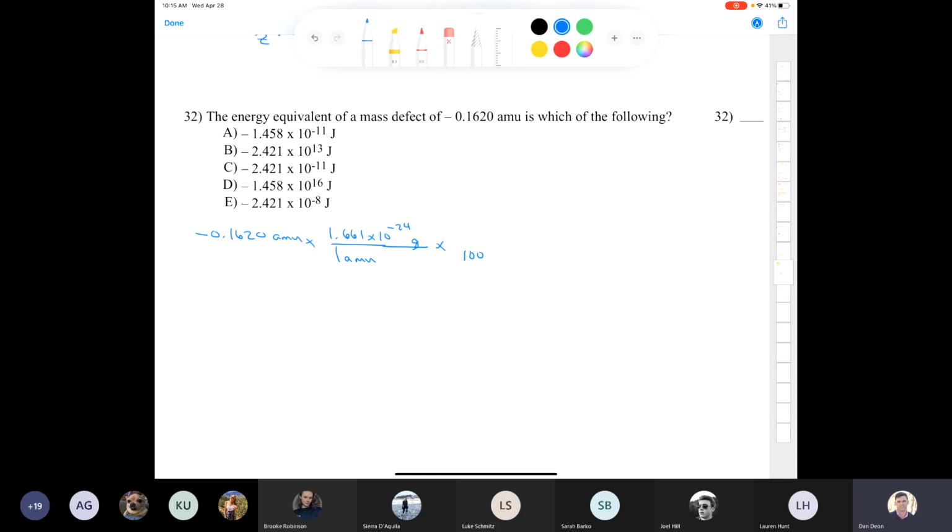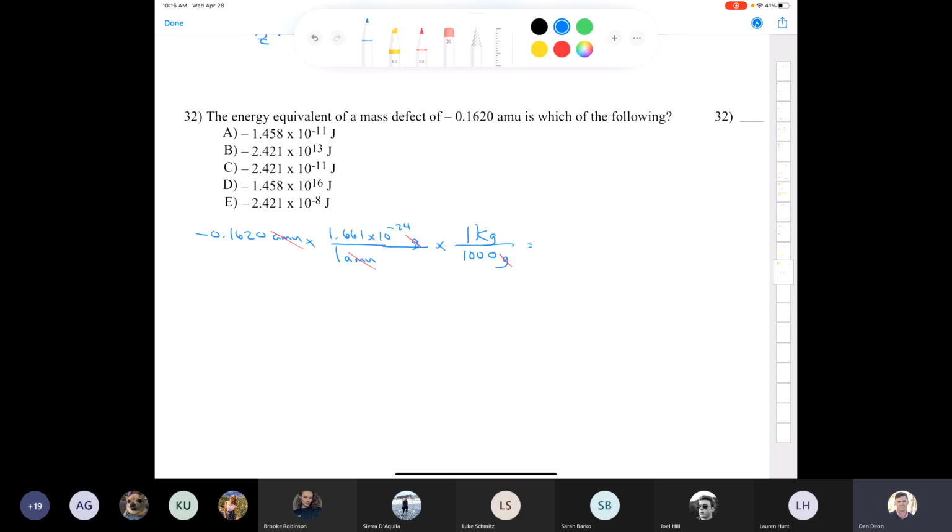Then we want to convert that into kilograms. You know that there's 1,000 grams in 1 kilogram. You can see that grams cancel and atomic mass units cancel. And now we're left with our mass in kilograms. We need the mass in kilograms because we want to end up with units of kilograms times meters squared per second squared, which is the same thing as a joule.